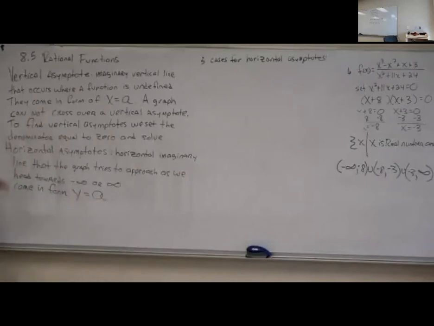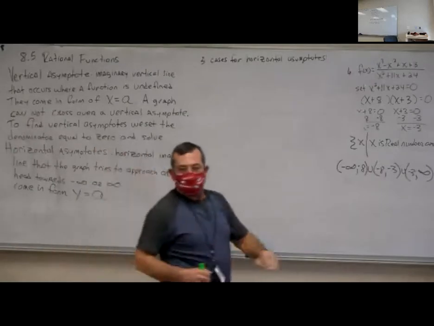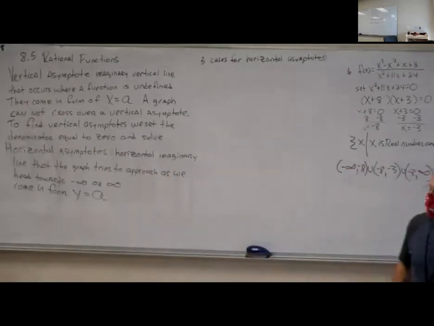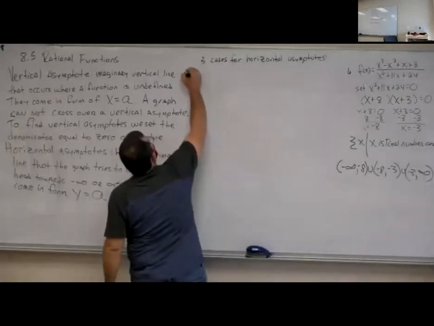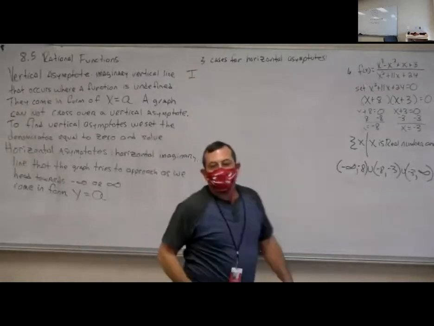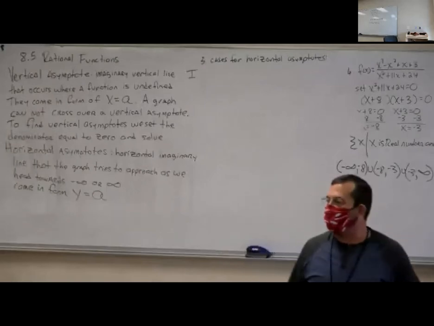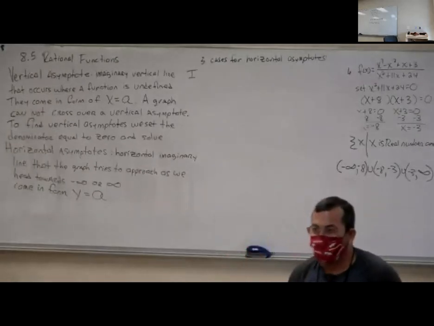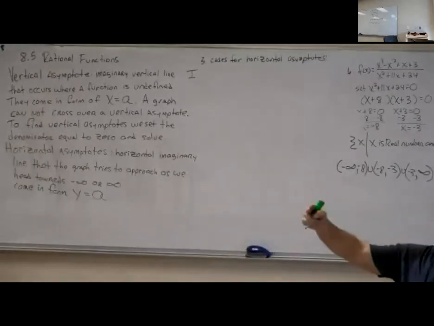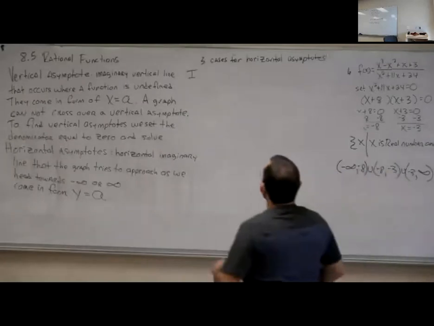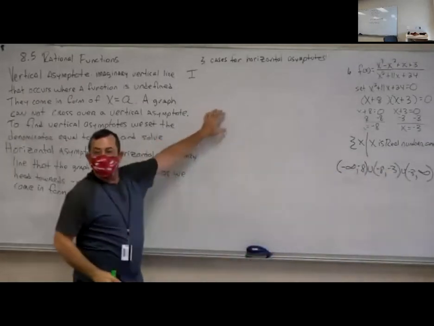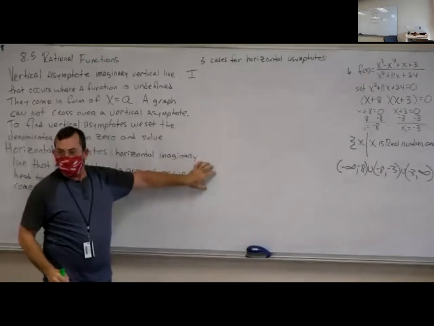So verticals will be x equals, horizontals will be y equals. So the three cases of these horizontal asymptotes depend on the degrees of these polynomials. So the degree of the polynomial is basically the highest exponent, okay? So we're going to compare the degree of the top with the degree of the bottom.